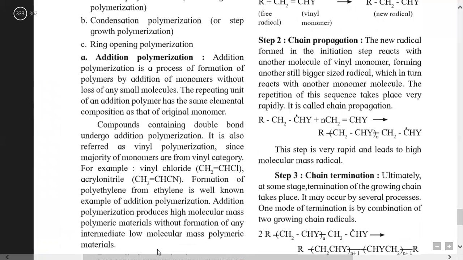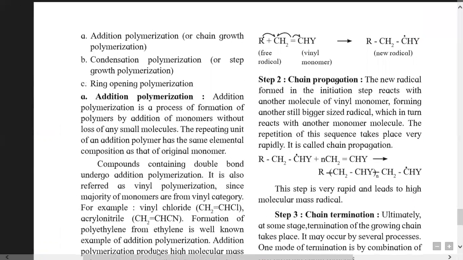Here this reaction is shown. R means the alkyl free radical gets bonded with the vinyl monomer. Here breaking of the double bond takes place with homolytic bond fission. Only one bond breaks and a new radical is formed.